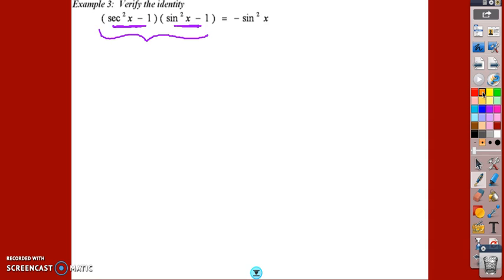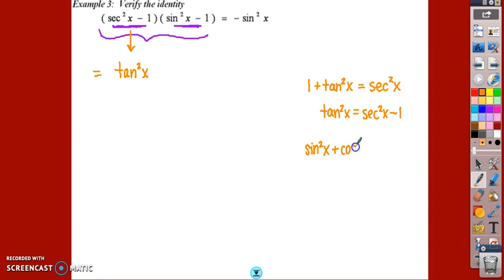So for the secant squared one, that's reminding me of this one. Only I need to rearrange it a little bit. And so secant squared x minus 1 is going to be equal to tangent squared x. I like that, so let's try it on the sine squared plus cosine squared identity for the other term.